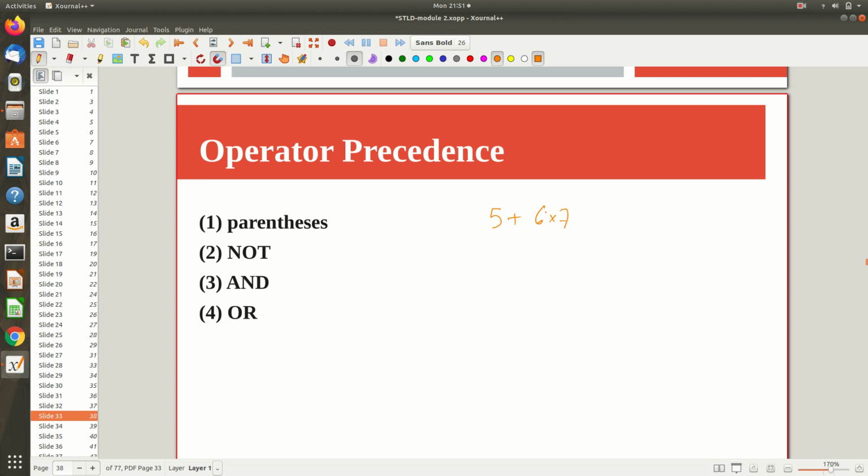So 6 into 7 plus 5, like that you have to evaluate, and you are not going to do 5 plus 6 is 11, into 7. You are not going to do like that, right? Because that precedence order is something default in our mind, something we are used to from our mathematics classes. So that is regarding multiplication and division: always multiplication and of course division have higher precedence than addition and subtraction.